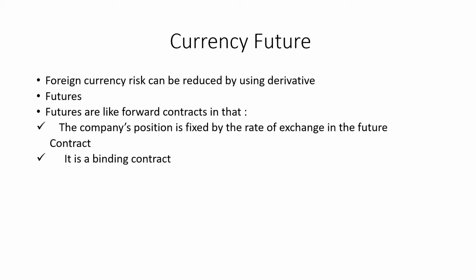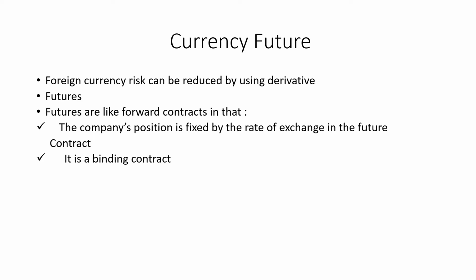Now, currency futures. When we are discussing that we want to decrease foreign currency risk, as I discussed in the previous slide, foreign currency risk can be reduced by using derivatives, and these derivatives include currency futures. And what are currency futures?